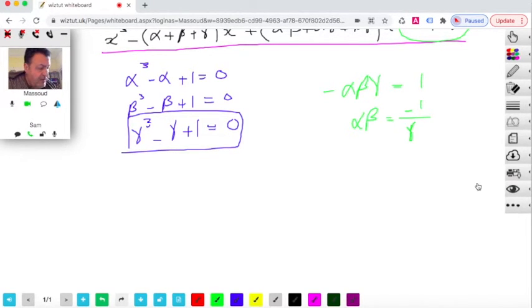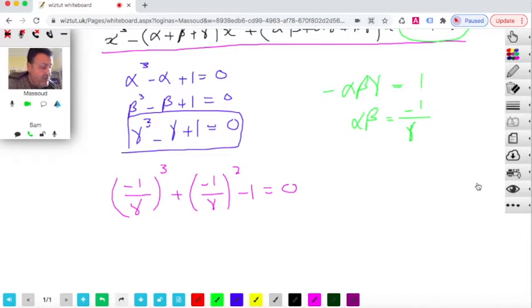It'll be (minus 1 over gamma) cubed. I'm substituting this value into the second cubic, plus (minus 1 over gamma) squared minus 1 equals 0. We want to prove that this is actually equal to 0, so let's not assume that it is equal to 0. Let's do some work on it and see if it becomes equal to 0.